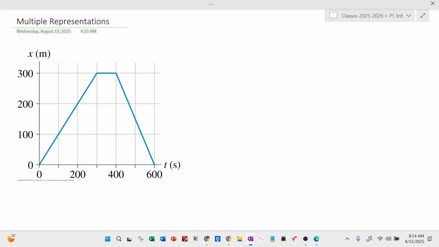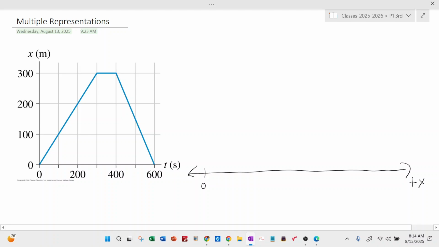So first thing we typically do is we draw an axis to represent the motion that we're modeling. This motion starts at 0 meters, so I can start my axis numbered over here at 0 meters. And I can indicate that to the right is a positive direction. That's typical.